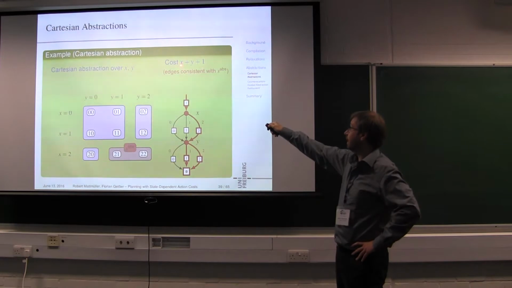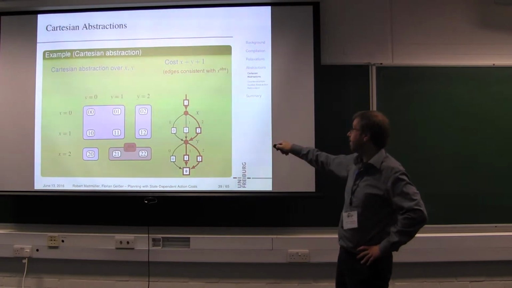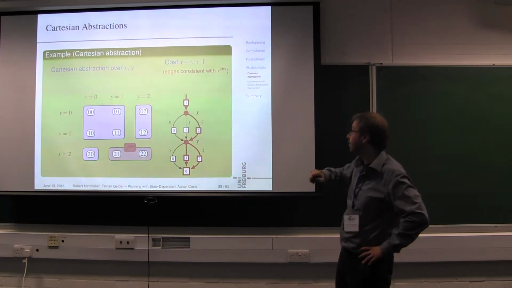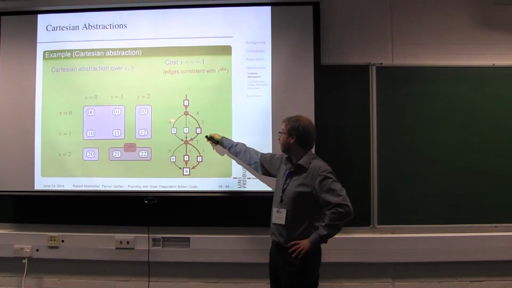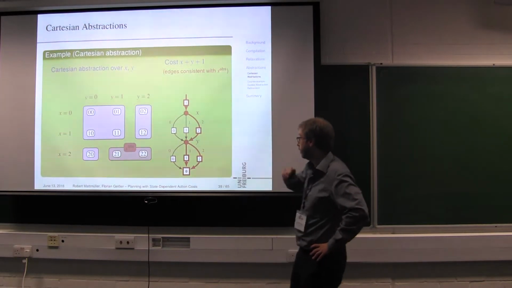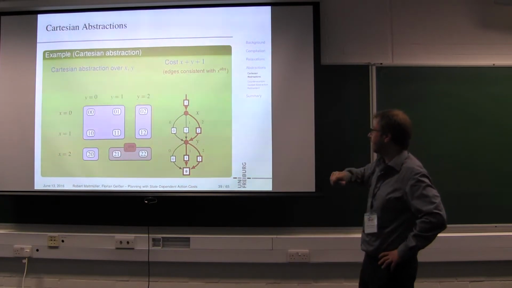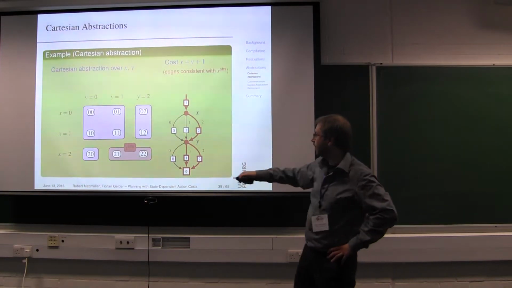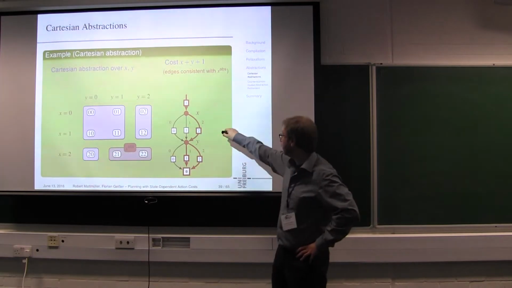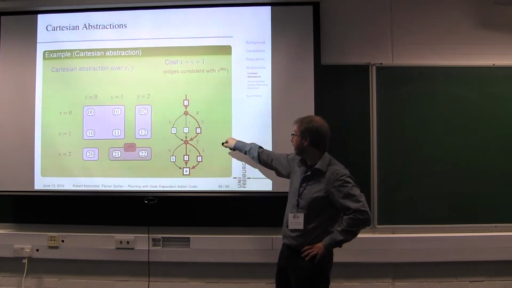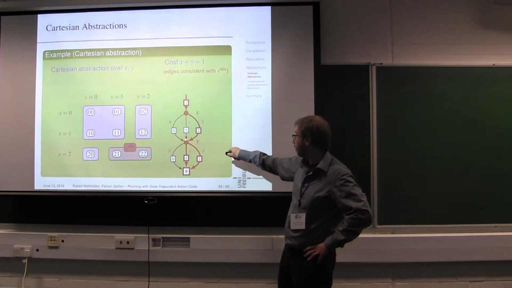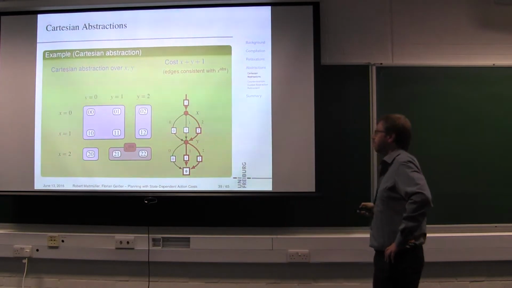And here is a cost function, not different than before. This is the cost function x plus y plus 1, and an edge value decision diagram for it. First a test for x, 0, 1, 2, then for y, 0, 1, 2. And the edges consistent with this abstract state are already highlighted right here. Because x has to be 2, only the x equals 2 edge is highlighted in red, and y can be either 1 or 2, so we highlight the edges 1 and 2 in red.